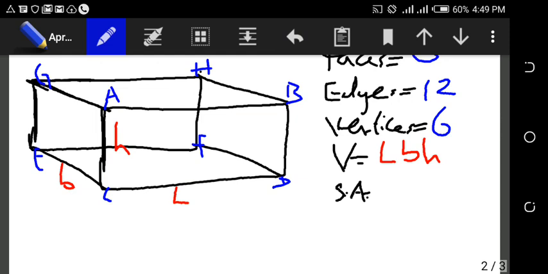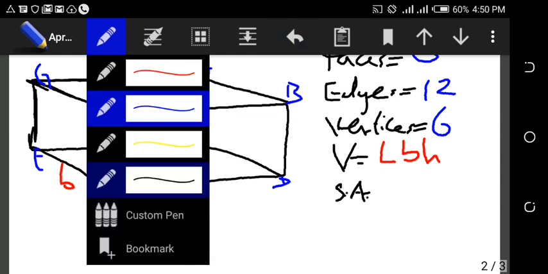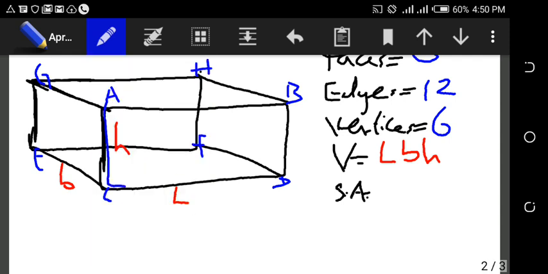Okay, let's start with the front side. Let's consider the face ABCD. The length of it is L. The breadth of it will become H in this case.